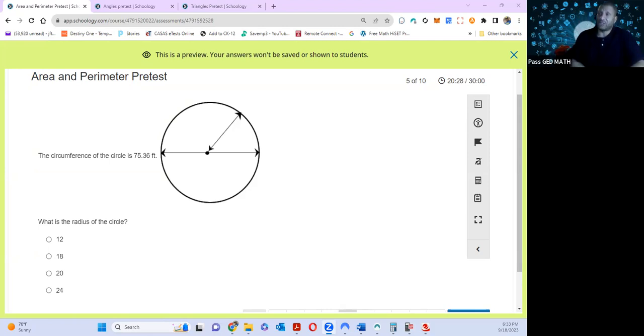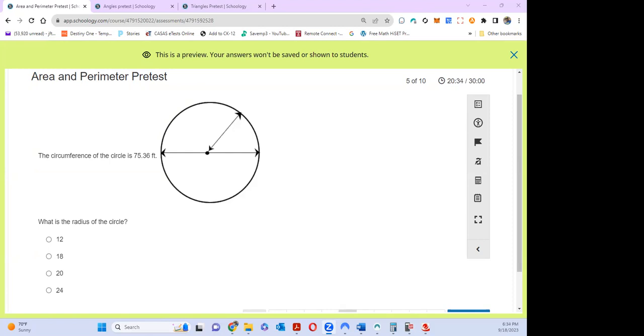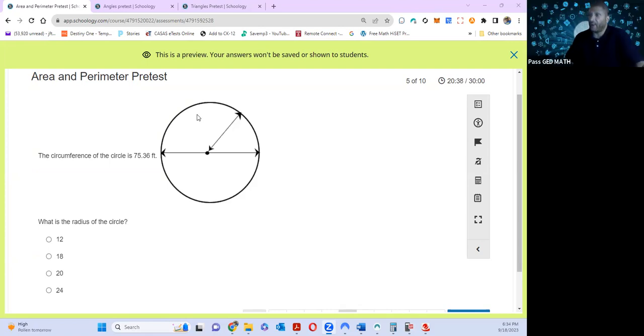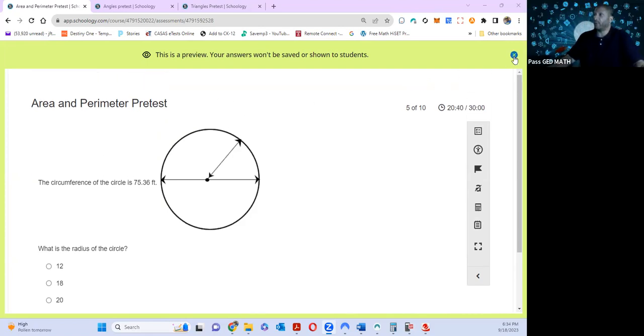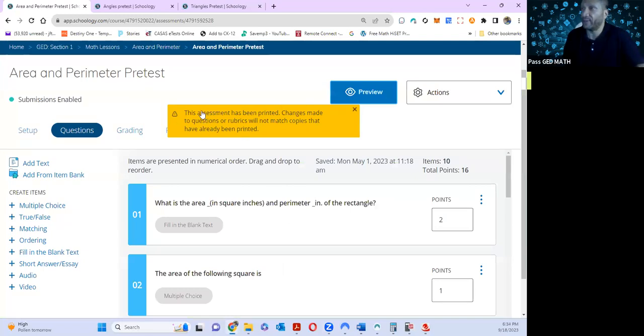But you use this to practice over and over and over again until you've got it. Because we know we have problems with area and circumference of a circle. What I'm going to do is leave here and go to my math lessons under area and perimeter.